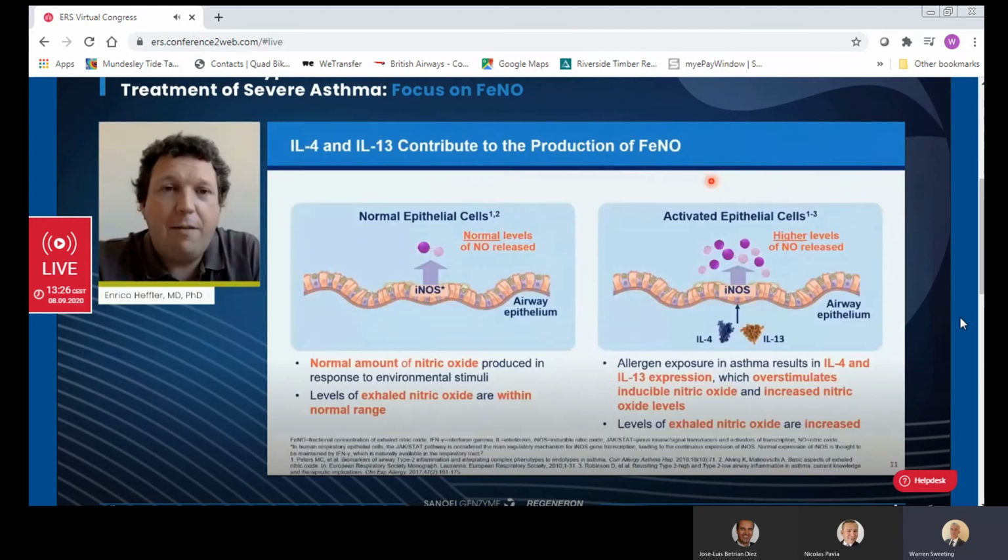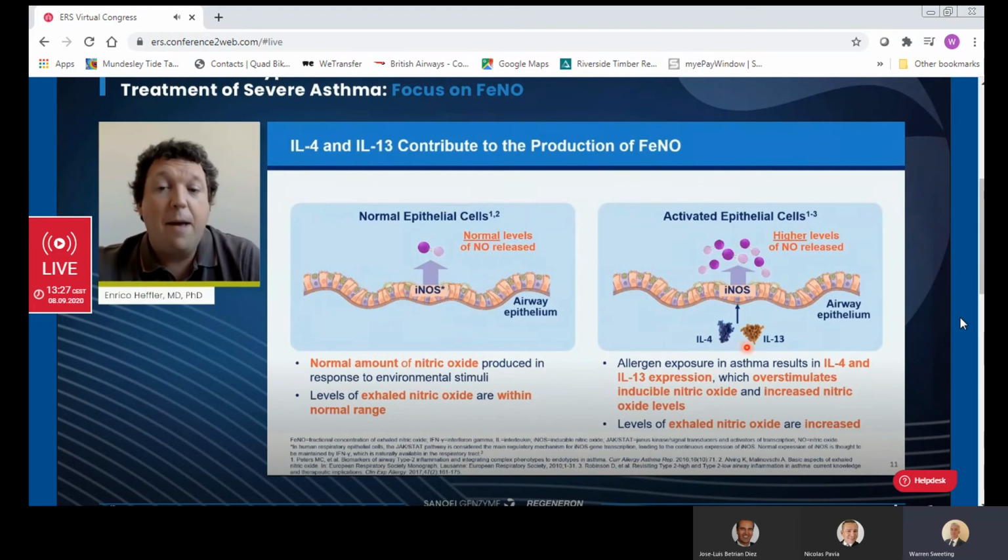Hepburn. Thank you very much, Stephanie, because you really introduced the next slide. We have seen that patients with type 2 inflammation have really complex inflammatory pathways that include several cytokines and several types of cells. What I want to point your attention to is that nitric oxide, as correctly said, is produced mainly in a patient with underlying type 2 inflammation through a mechanism that depends on IL-4 and particularly IL-13.